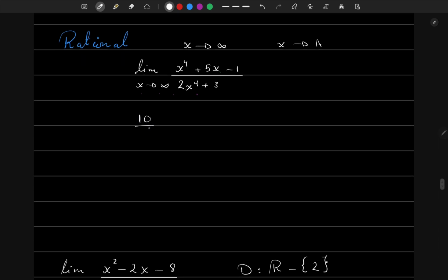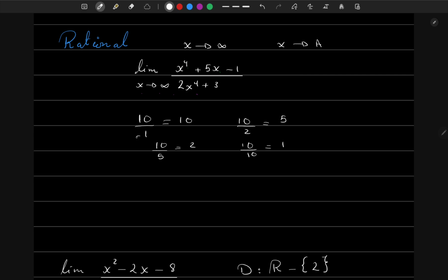If I have 10 divided by 1, that equals 10. 10 divided by 2, that equals 5. 10 divided by 5 itself equals 2. 10 divided by 10 equals 1.